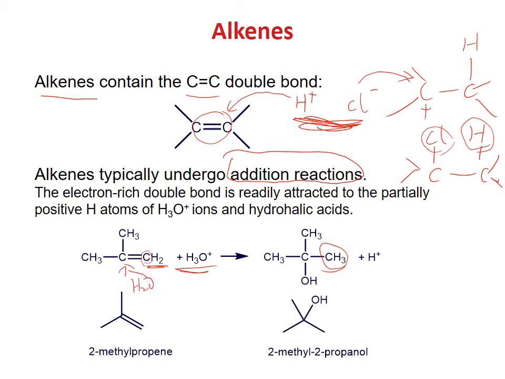So the oxygen attacks the carbon, loses a proton, and forms a hydroxyl group. So hydrogen adds to one carbon, hydroxide adds to the other carbon, and the product is an alcohol. This happens when an alkene reacts with dilute acidic solution.